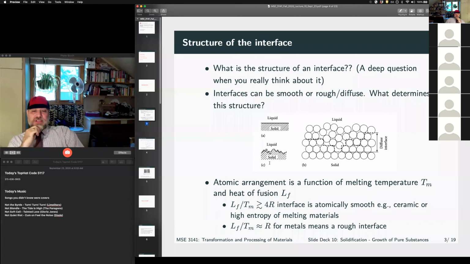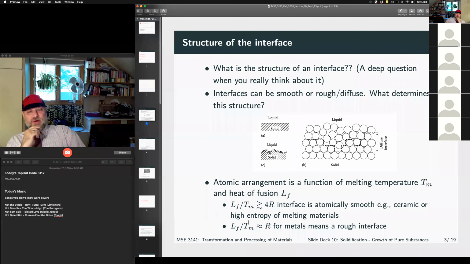And so materials with a very high entropy of fusion are going to tend to take a planar interface, right? Which means things like ceramics, or metals or alloys that form an ordered structure, right? The greater the change in number of atomic configurations between the liquid, which is going to be disordered, and the solid, the more likely we are to form a planar interface.